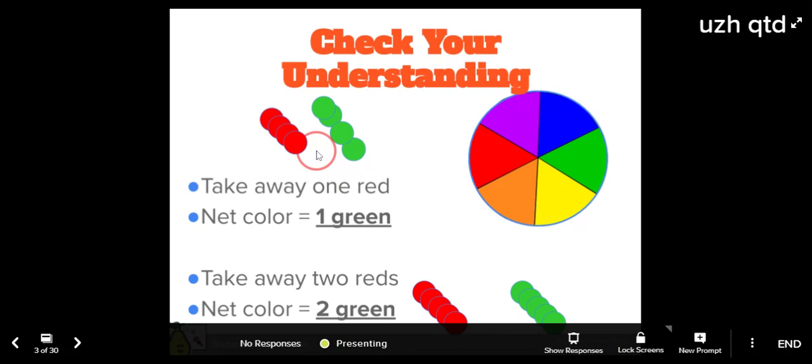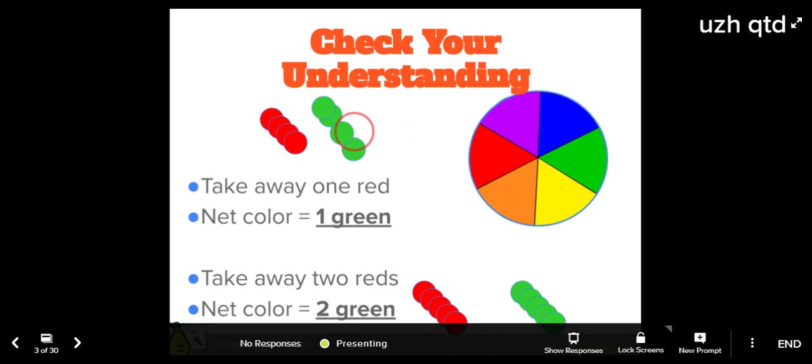You won't be able to see it here, but if I were to take away one of the red dots, how many red dots would I have left? Correct. I have 3 red dots left. And how many green dots would I have left? I'd still have 4. So how many more green dots do I have than red? 1, which means that the net color of these combined would be green.